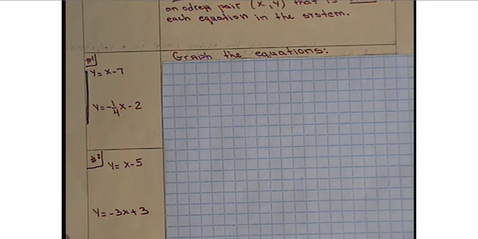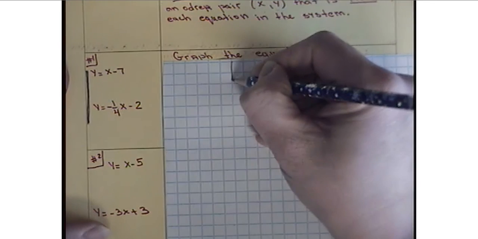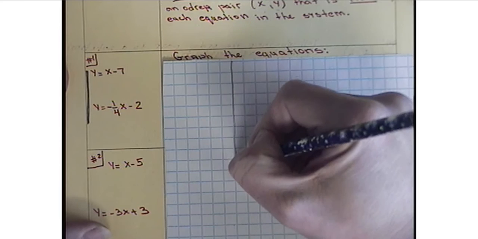That's why we call them systems. So in order to graph both equations, we will need a coordinate plane, and we will graph each equation independently. Now, I'm going to just draw my x and y axis. So this will be my y axis. This will be my x axis here.